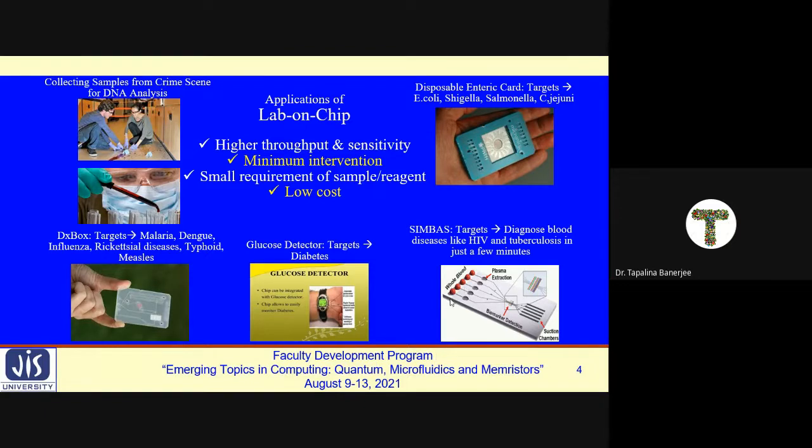Applications of different lab on chips are available from collecting samples at the area of crime scenes for DNA analysis to disposable entry cards like this. So basically, these four characteristics, higher throughput and sensitivity of a lab on chip, minimum intervention, small requirement of costly sample or reagent, and overall the low cost help the microfluidic lab on chip become popular in all these fields.